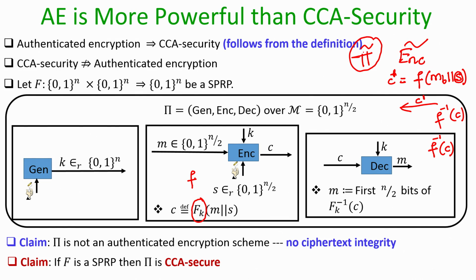Now if we come back to the actual scheme pi, the only difference here is that we are replacing the truly random function or a truly random permutation by a keyed strong pseudo random permutation, and as per the security definition of strong pseudo random permutation, its behavior is computationally indistinguishable from the behavior of a truly random permutation. So that means this scheme pi also should be CCA secure.